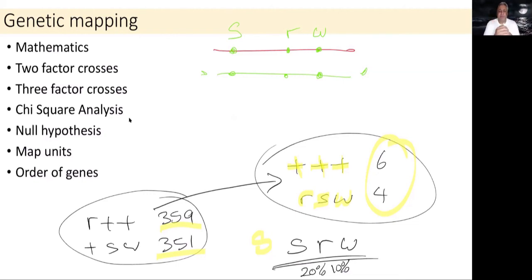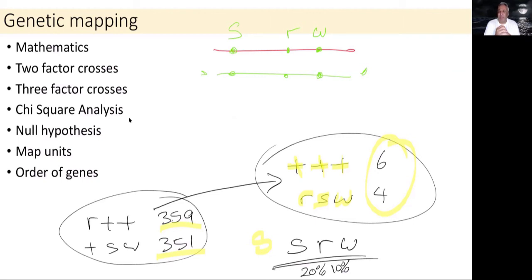But if the expected numbers are very close to the observed numbers, then the chi-squared analysis may reveal that it's just random variation. But if you apply chi-squared to this, you will find out for sure that this is real. There's something going on, and that something is linkage, because the 3 genes are on the same chromosome, and they're close together.